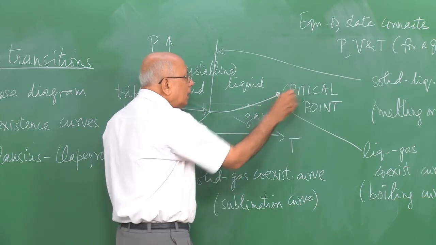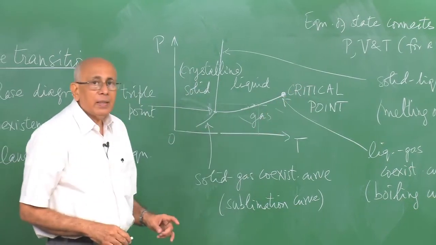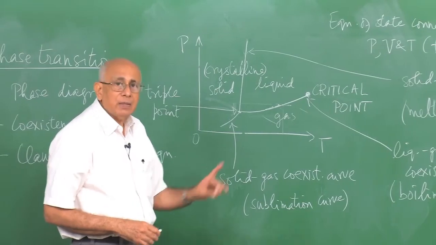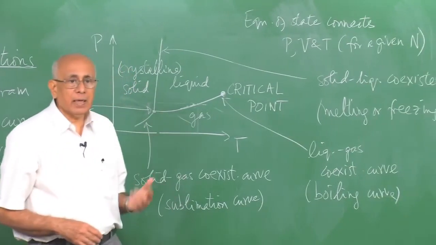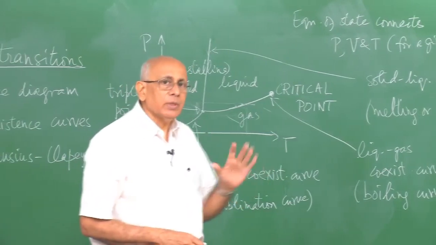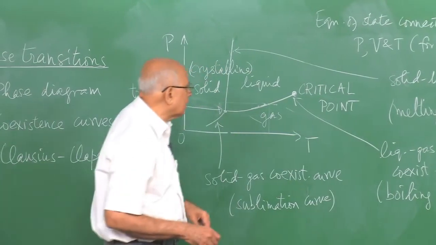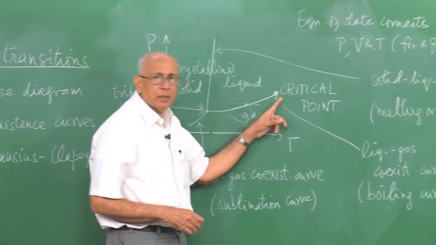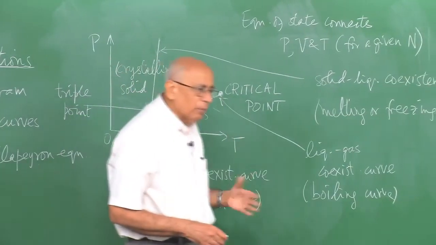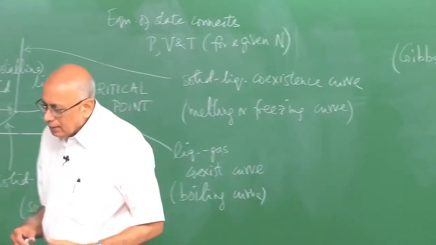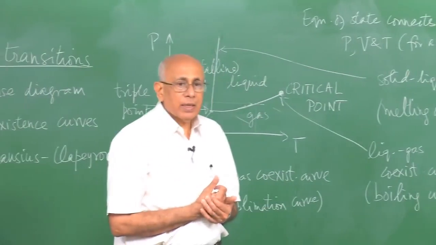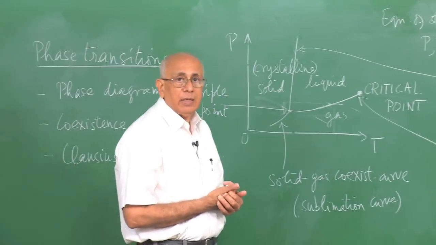This critical point is a point where elementary thermodynamics fails for good reason. It fails, and you need much more sophisticated techniques, using equilibrium statistical mechanics, to understand what happens at this critical point. In fact, the problem of this critical point is a general problem of critical phenomena. This problem was solved to satisfaction only in the 1970s or so.